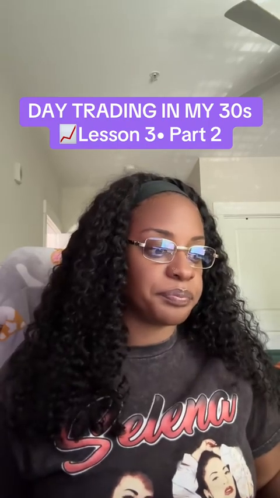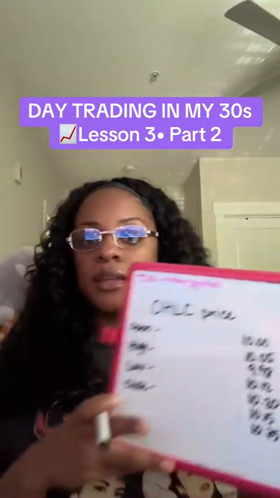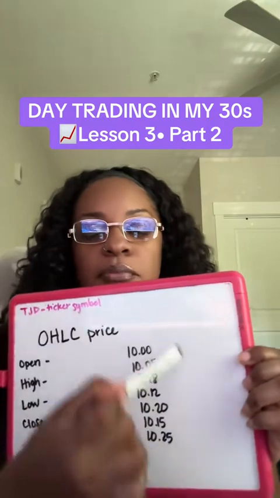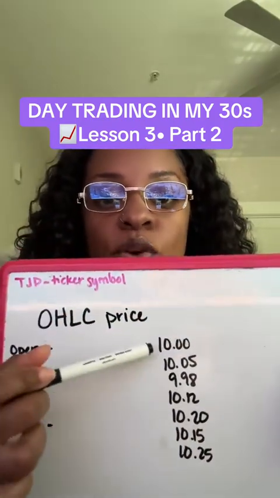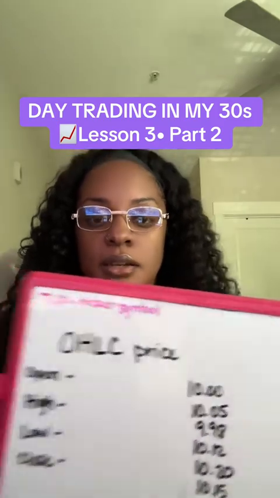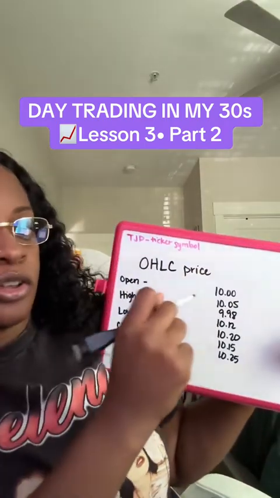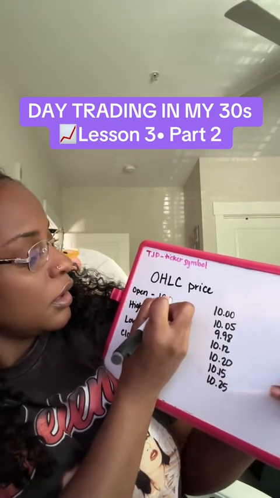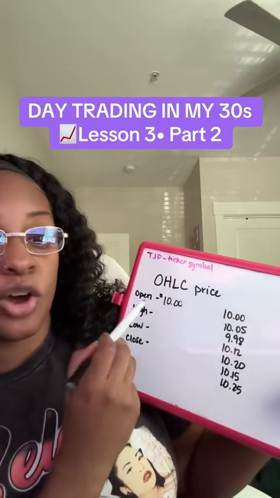So let's say these right here are the numbers of a 5-minute interval. This was the price activity in a 5-minute interval. So when it started, it was at 10. So $10 was the price when I started.